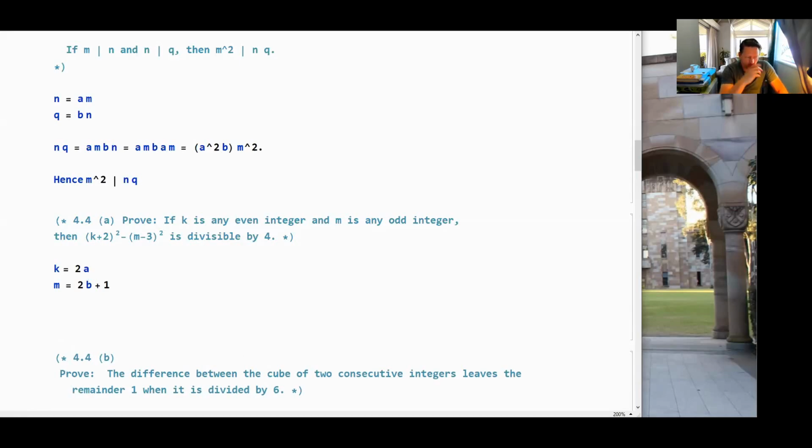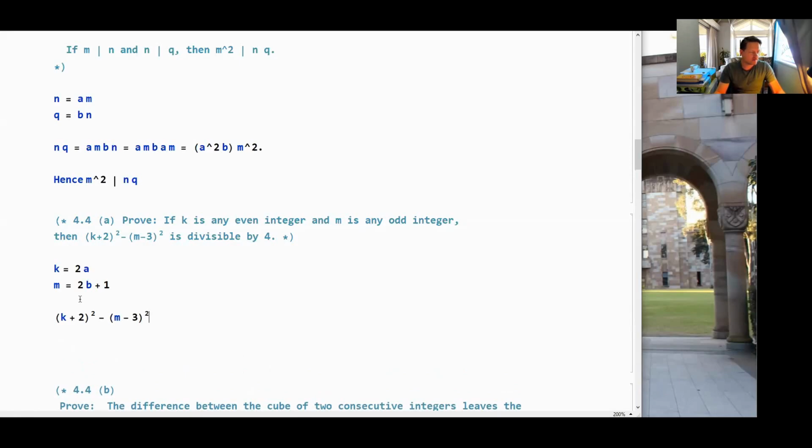Okay, so given that we have that, what we want then is to simplify this expression here for the difference of these two squares. So let's begin that. I'll just do some substitutions here with what we have. So k is 2a, and m is 2b plus 1. Great. So we sub those in.